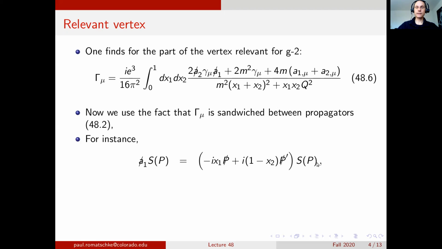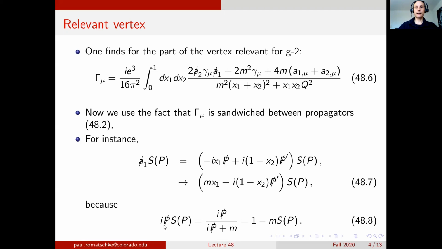But we can simplify this because i p slash S(p) is just i p slash over (i p slash plus m). If you plug in the explicit form of the fermion propagator, we can add and subtract m in the numerator so that we get 1 minus m times the fermion propagator.